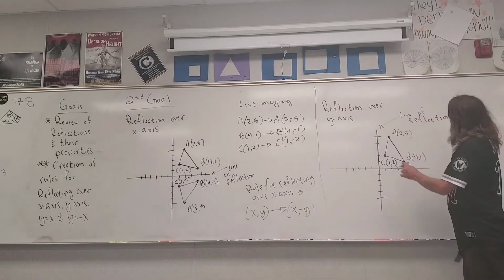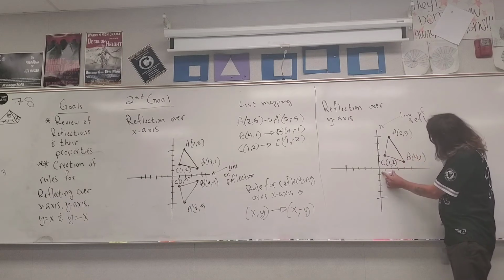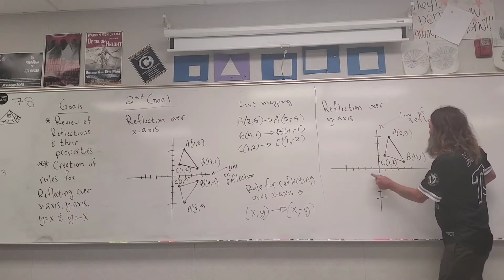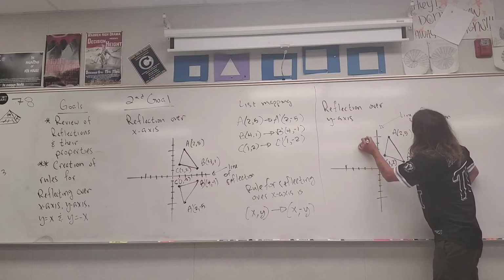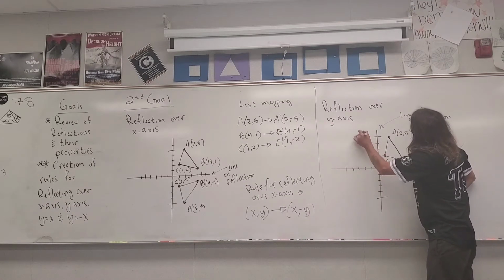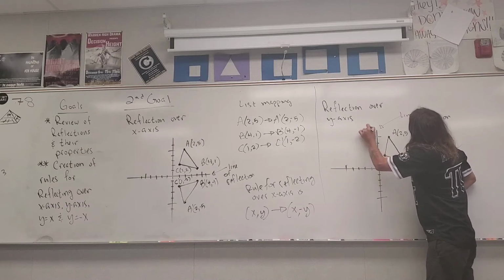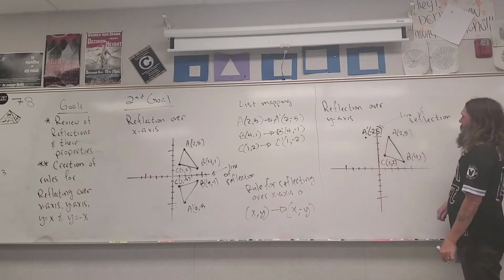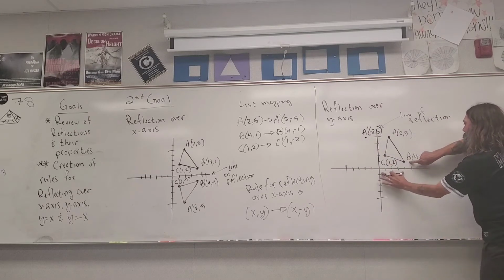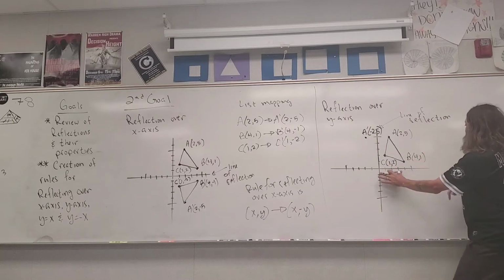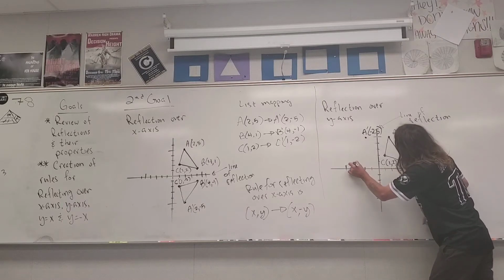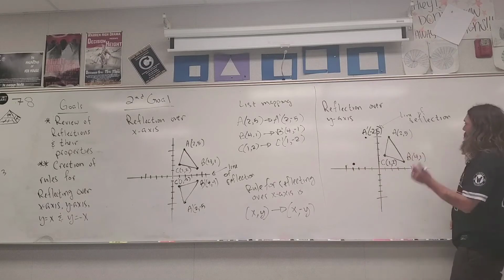All right, so point A is 2 away from the y-axis. So it maps to A prime, which also must be 2 away. Oh, that was a good marker, all right. So A prime is going to be (-2, 5), okay. B is 4 away from the y-axis. So its image or its counterpart must also be 4 away on the other side.